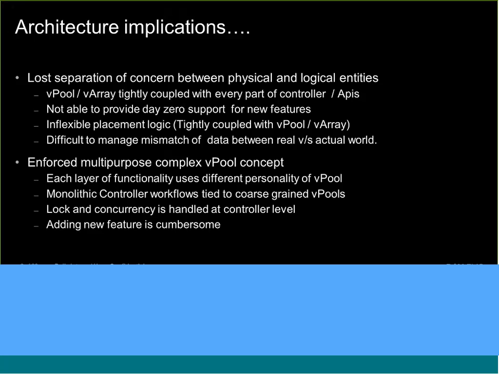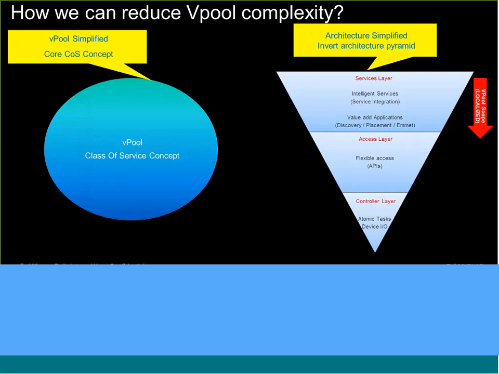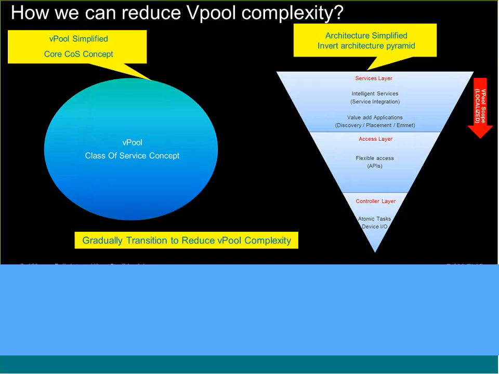going forward, I will say how we can reduce the Viper complexity. Having said that, if we have to really solve this problem from the root, I think we have to have a vpool simplification, which is a core class of service concept.